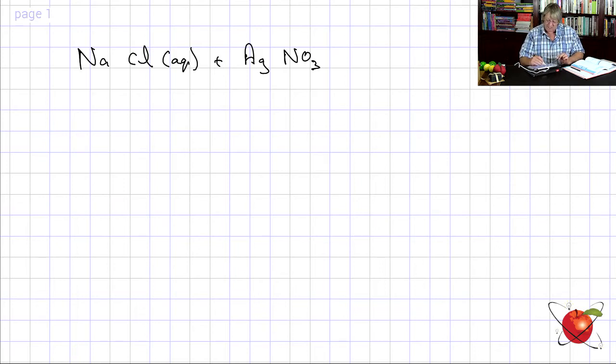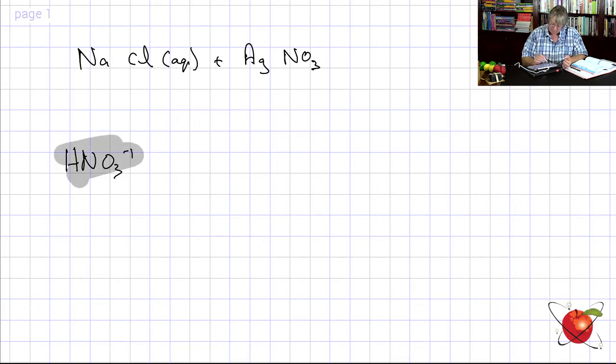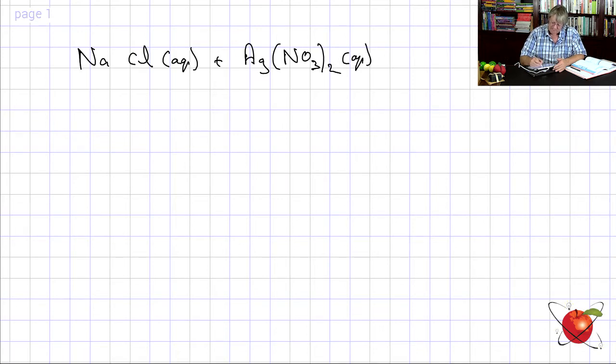I remember nitric acid, NO3, and NO3 is -1. And silver is one of the ones we have to remember, silver is a +2. So what have we got here? We've got 2. Now, let's say they tell us that that is solid, that we add that to water.